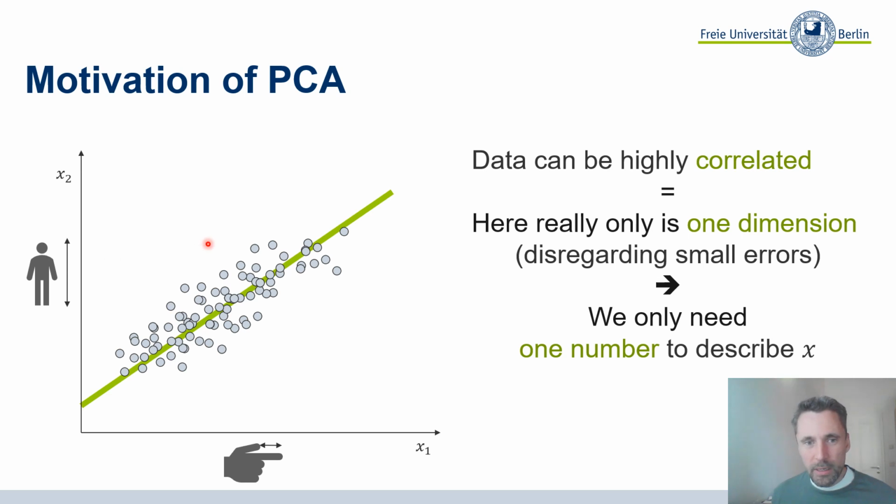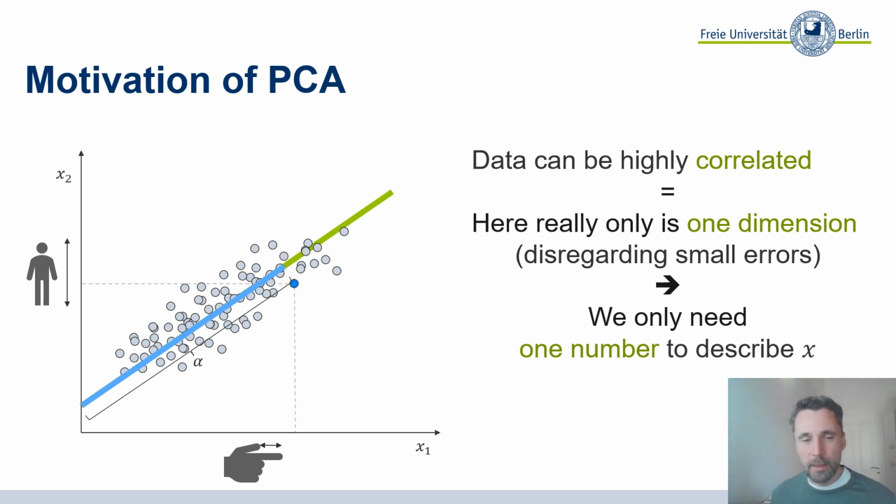Yeah, we can describe this as a line, like we saw 2 lectures ago, and a given data point that has two dimensions, x1 and x2, can be described with a little bit of an error as just one number, which is maybe a number that tells us how far along this line we have to walk until we meet, let's say, a point in this two-dimensional space that is closest to our point.